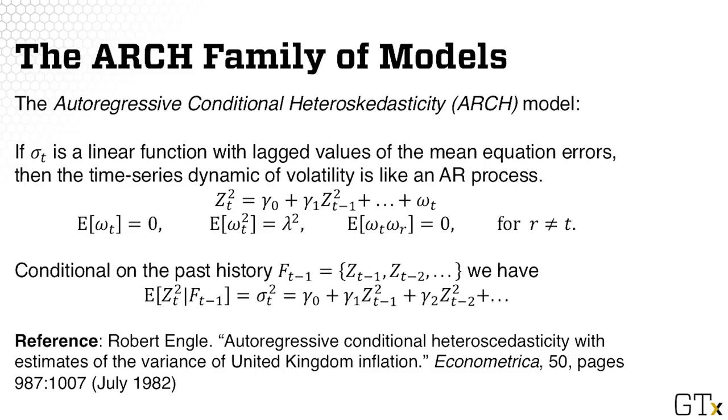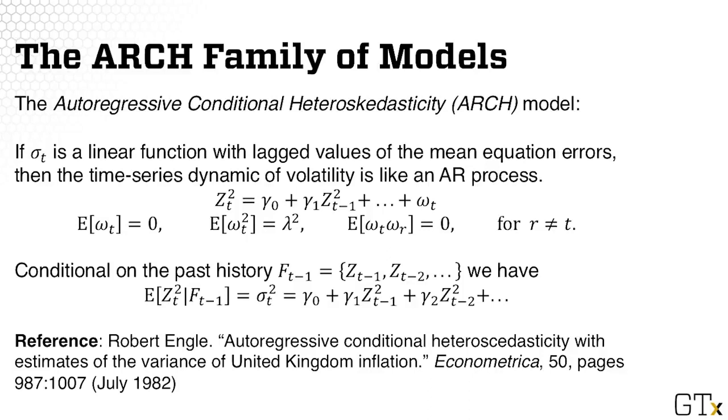Specifically, the squared errors Z_t squared are modeled using an AR process where gamma_0, gamma_1, and so on are the coefficients and omega_t is the error, assumed to be uncorrelated with mean 0 and variance lambda squared. The expectation of Z_t squared given the past history of the error process is equal to the autoregressive polynomial for Z_t squared.